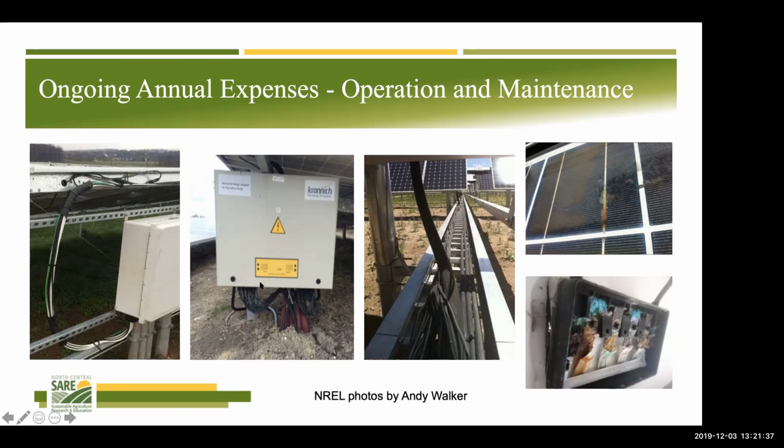Combiner boxes and inverter boxes are a nice place for animals and rodents to get up in there and chew or nest. Cable exposed to sunlight is prone to cracking over time. Some examples of water penetrating the actual seal of the modules. You can see here in the back side of the module, it's peeling away. So things will happen over time.